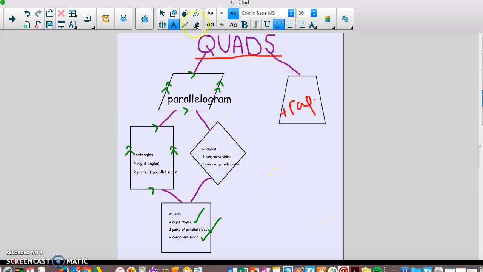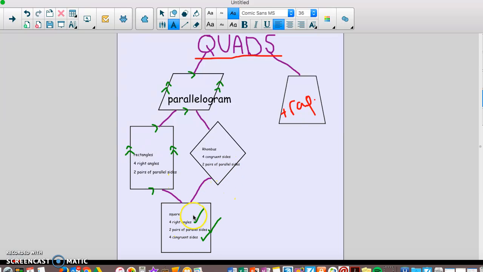So as you can see, every figure that stands below other figures can be included in that hierarchy of figures. So a square is a rectangle because it has the defining feature of a rectangle, which is four right angles. A square is also a rhombus because it has the defining feature of a rhombus, which is four congruent sides.